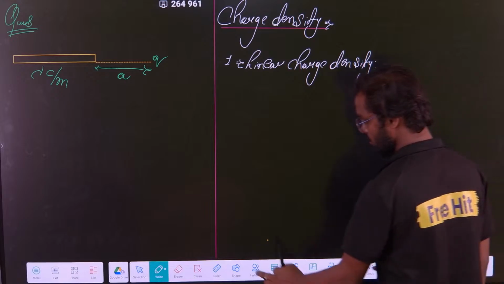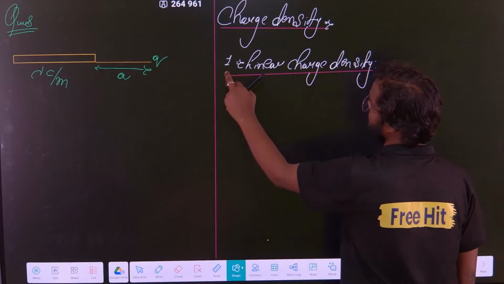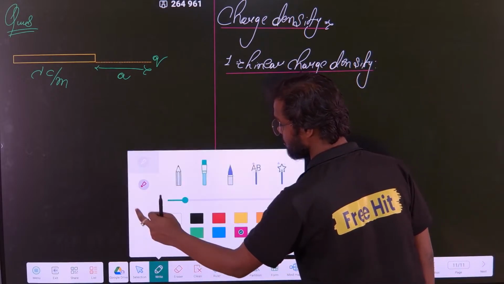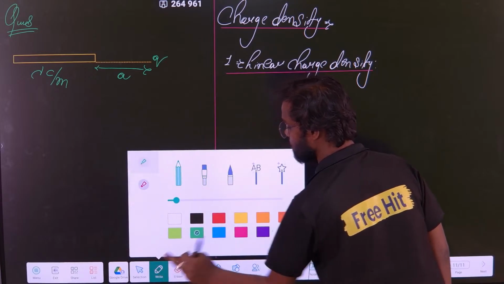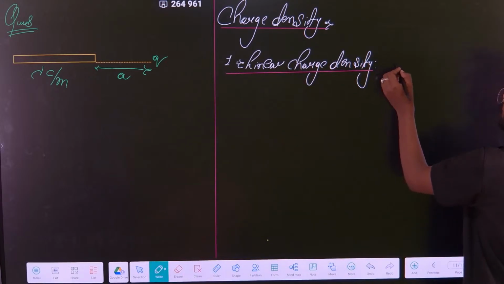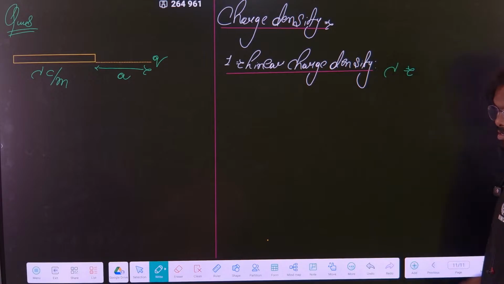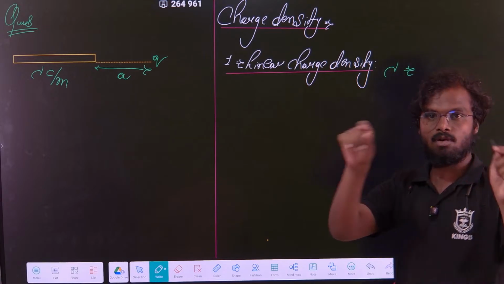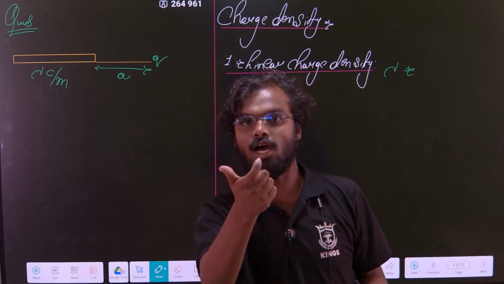What do you mean by linear charge density? Linear charge density is defined as lambda. Suppose there is a rod or something. It is charge per unit length.